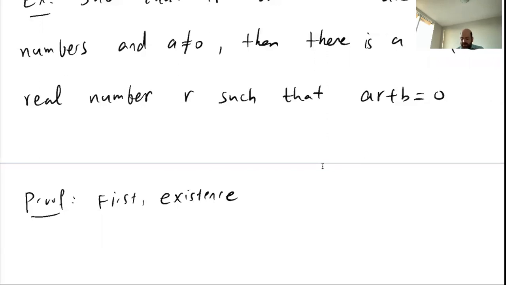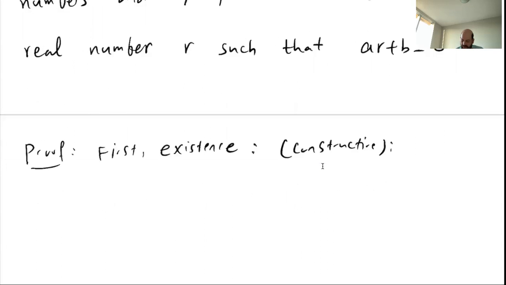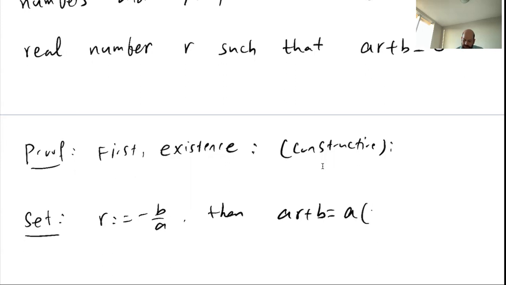AR will be minus B. Therefore, constructively, R has to be minus B over A. So set R equals minus B over A. Then AR plus B will be A times minus B over A plus B, which will be 0.